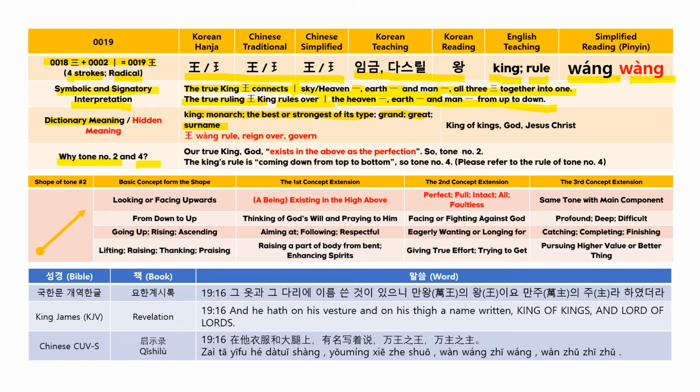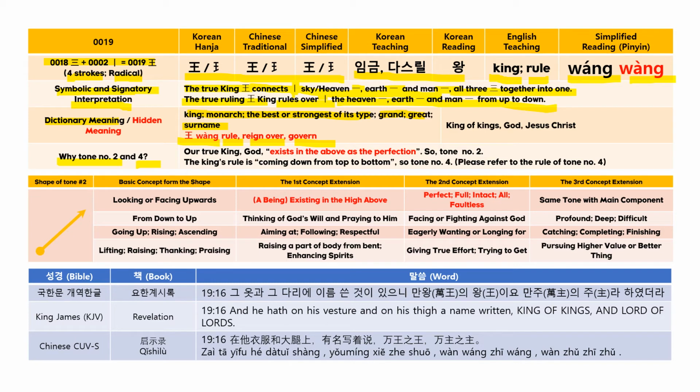When this character is pronounced wang, the tone number 4, which means to rule, to reign over, or to govern. Okay, from up to down, ruling or reigning over and governing is made. So that's having the tone number 4 value.